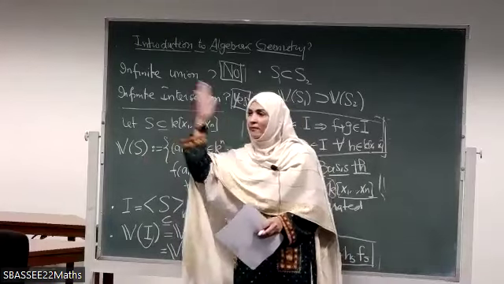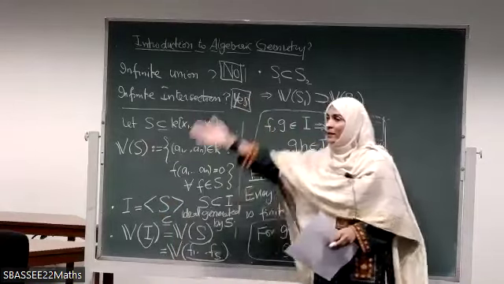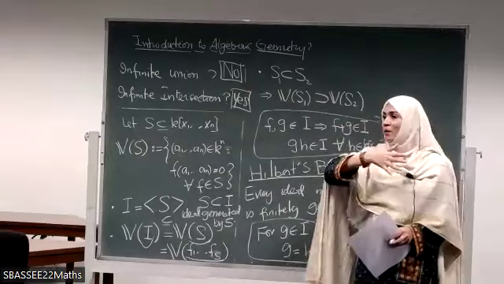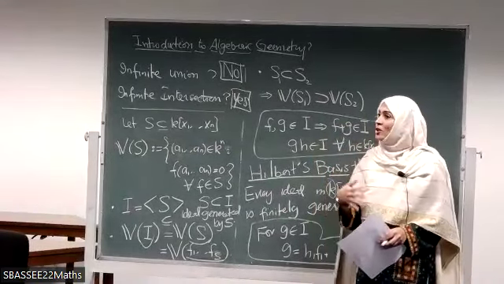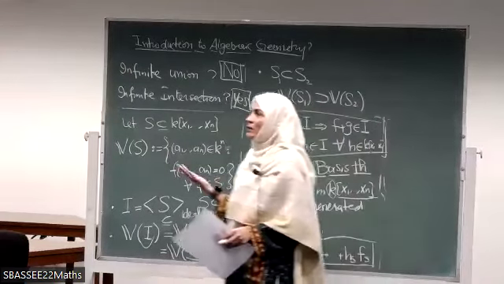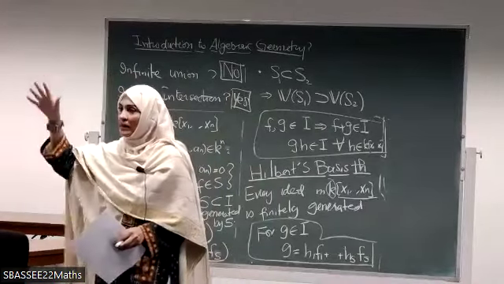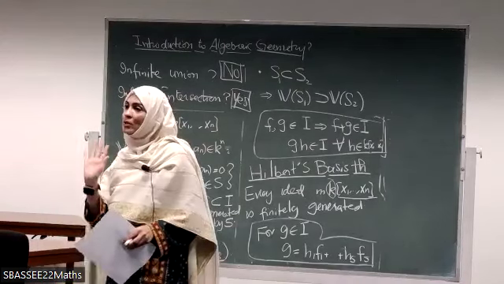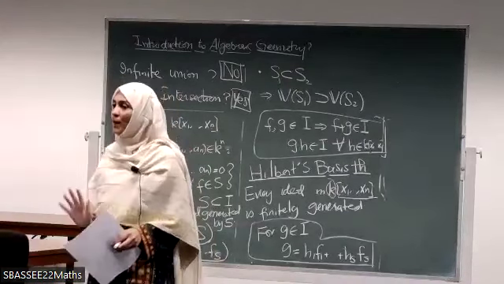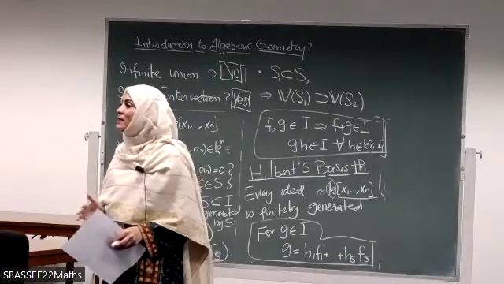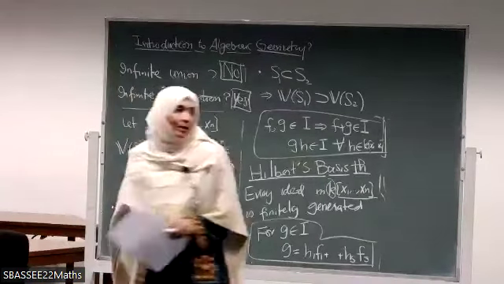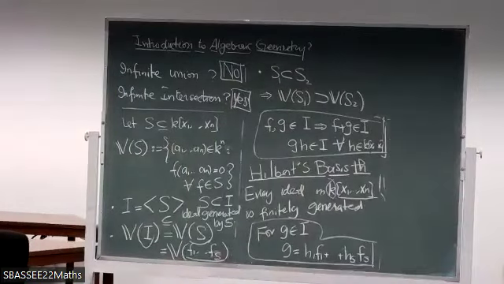So for every ideal, I'm assigning a variety in our affine space. Now you may ask: can we take an arbitrary set in our affine space and associate a special ideal corresponding to that set? The answer is yes, and that is called the ideal of the set.